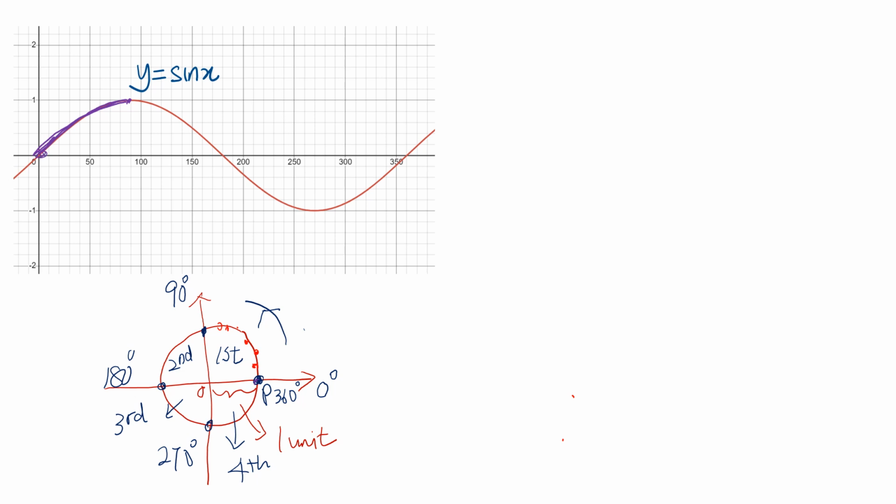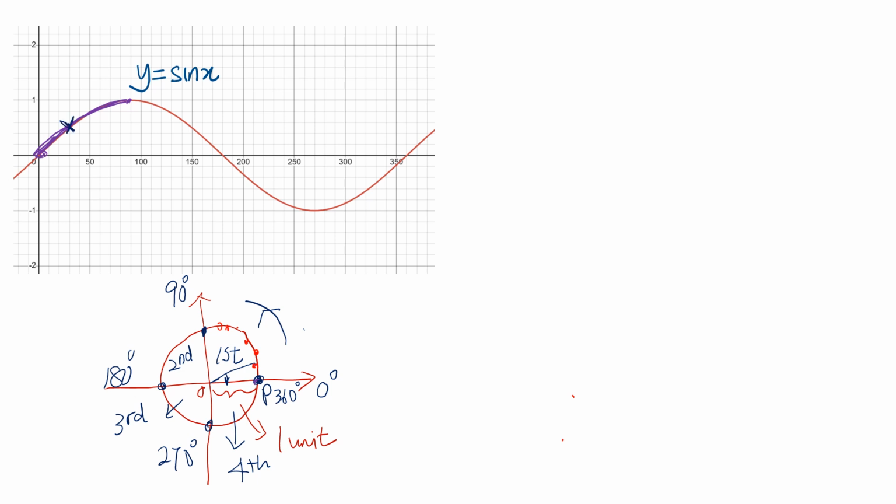And let's say you go on to this point here, which will make an angle with the x-axis. This angle could be 30 degrees, let's say. Sine 30 gives you the ratio half, which is this point here.